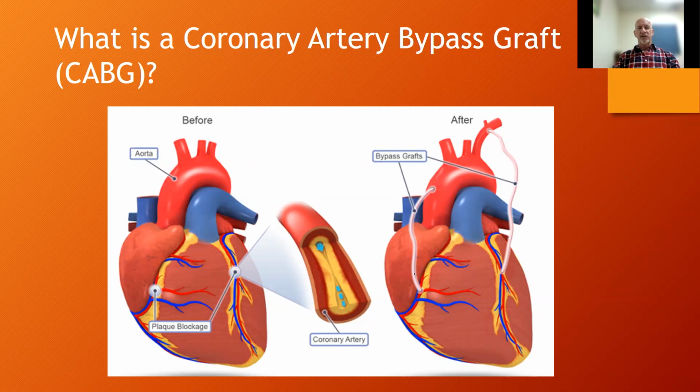This is a saphenous vein, and they will plug it into the aorta of the heart and plug it in to, well, I'm sorry, the occlusion would have to be at this end over here. They will plug it in downstream from the occlusion. This is where the occlusion would be. And they plug it in down here. And now this area of the heart is now getting blood again.